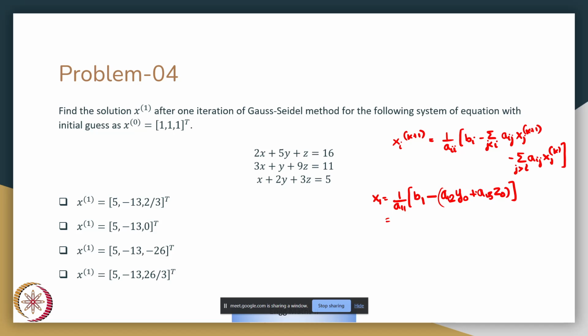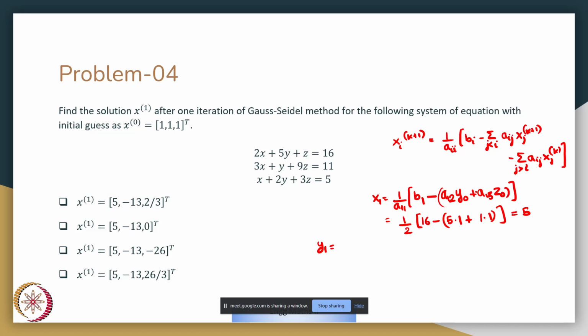In our case, a11 is 2, b1 is 16 minus a12 is 5 into 1 plus 1 into 1. So 16 minus 6, 10 by 2, which is 5.